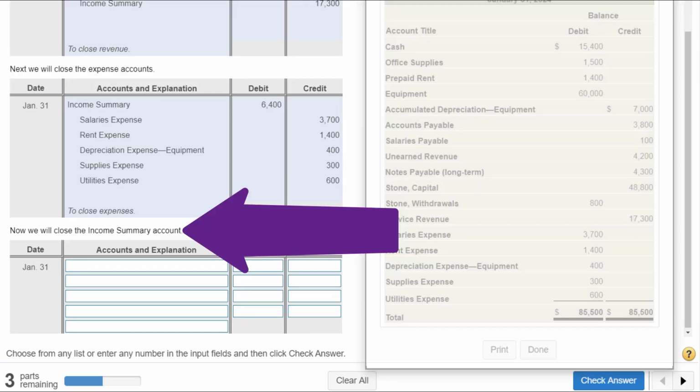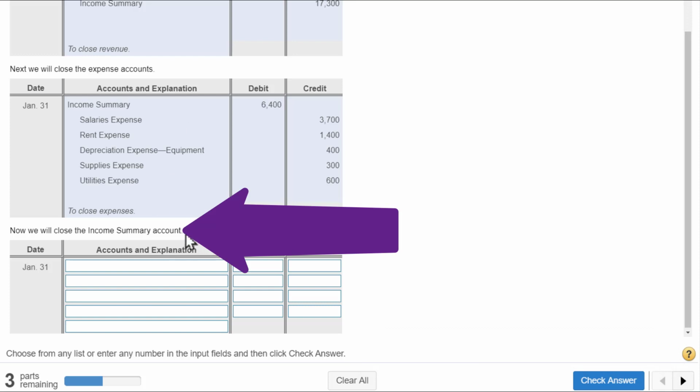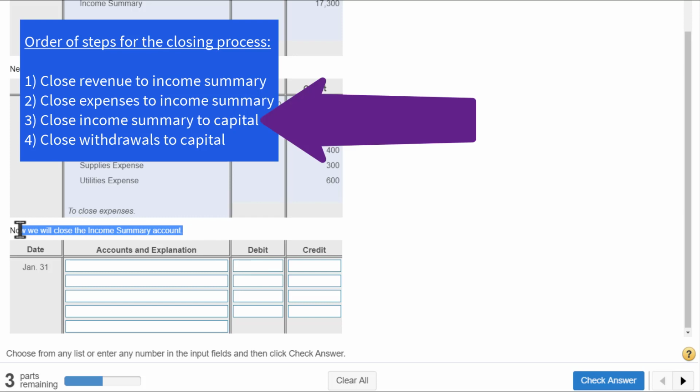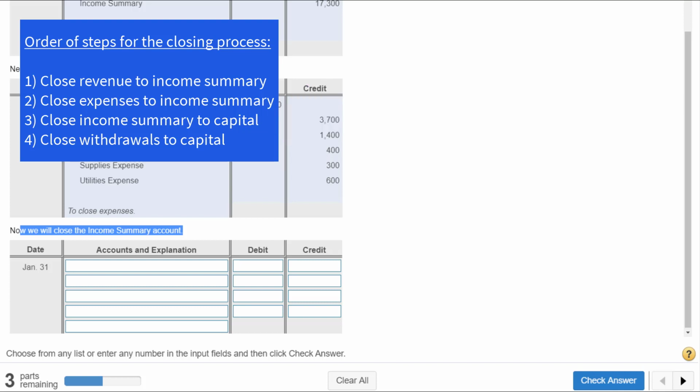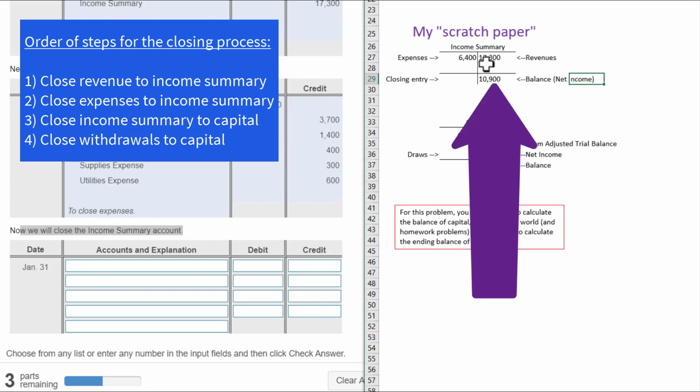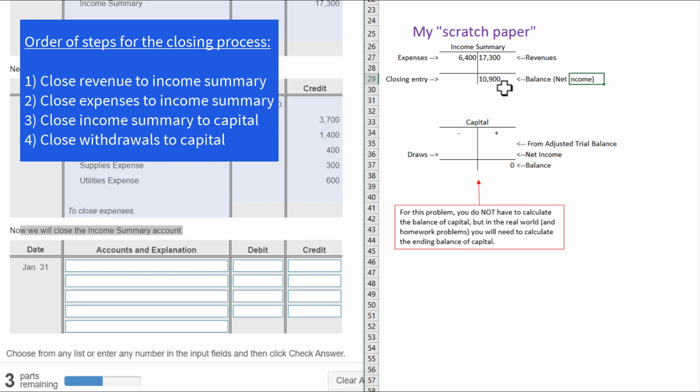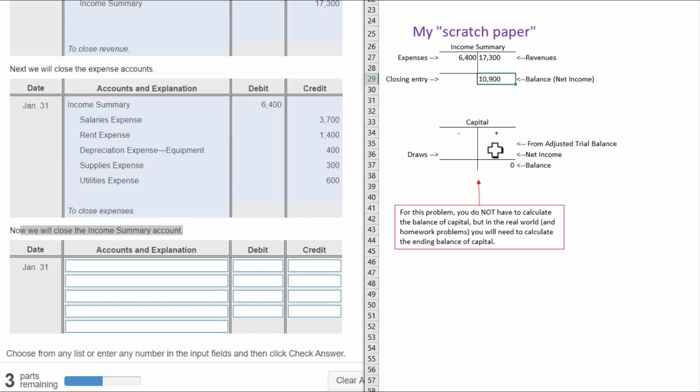Next, according to this, we need to close income summary. So the third step of the closing process has us close the temporary holding tank called income summary, which now contains net income. And we close that to capital. So notice income summary over here has a credit balance. So how do I close this?